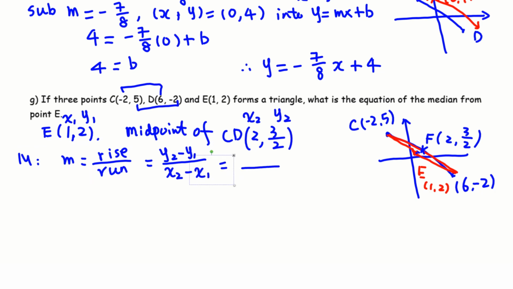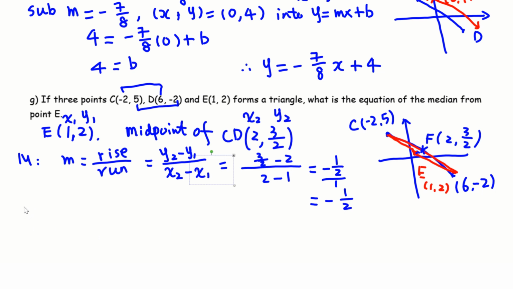That equals y2 is 3 over 2 minus 2, then x2 minus x1 is 1. So you do the subtraction, you will have negative 1 over 2 divided by 1. It is just negative 1 over 2.